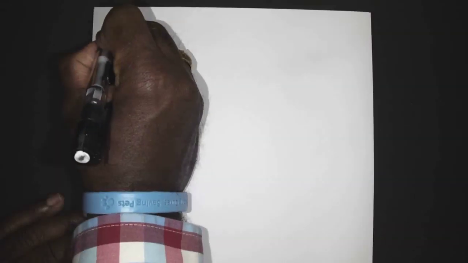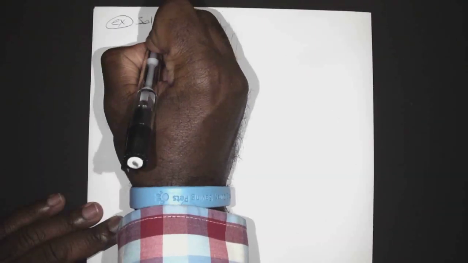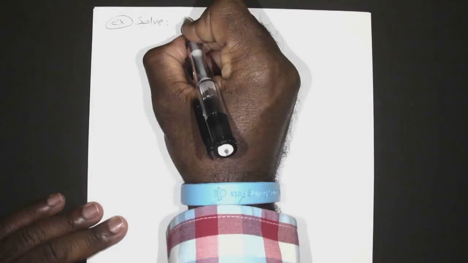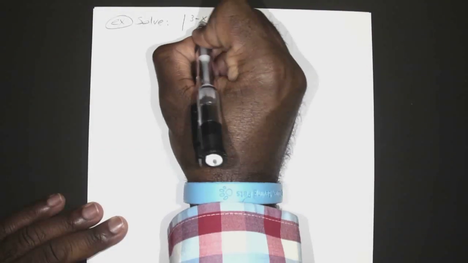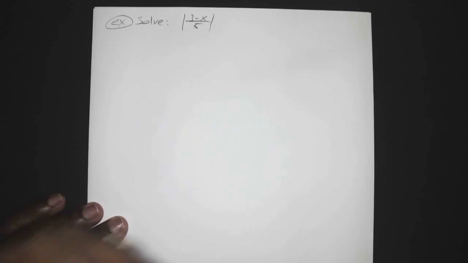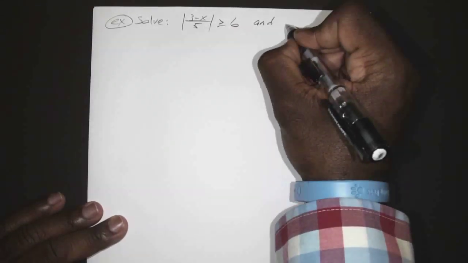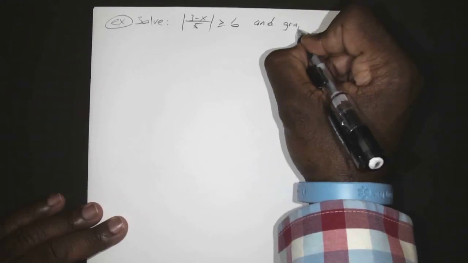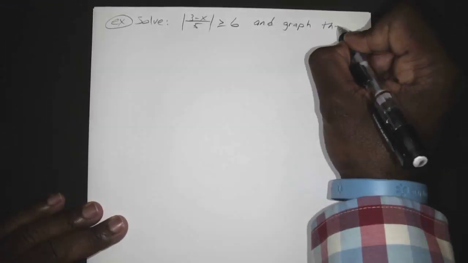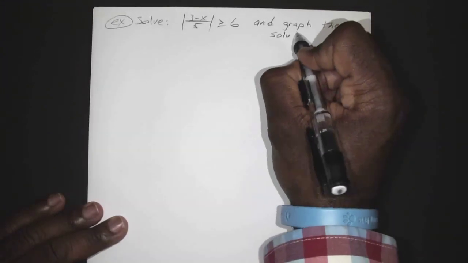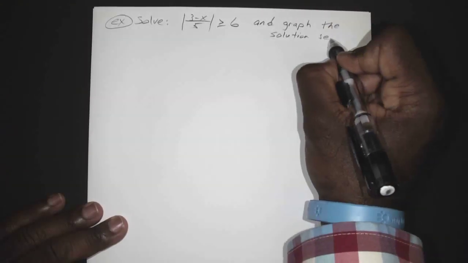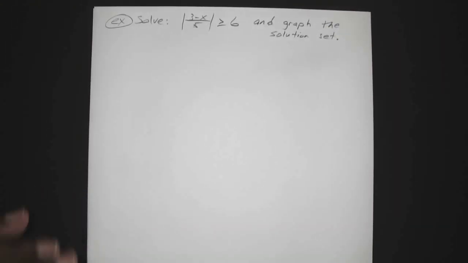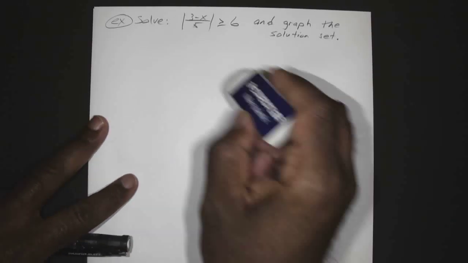Okay, so let's say, for example, we wanted to solve the absolute value of 3 minus x over 5 is greater than or equal to 6, and graph the solution set.